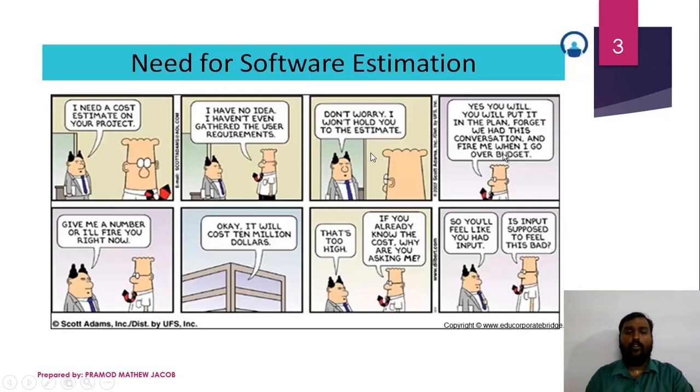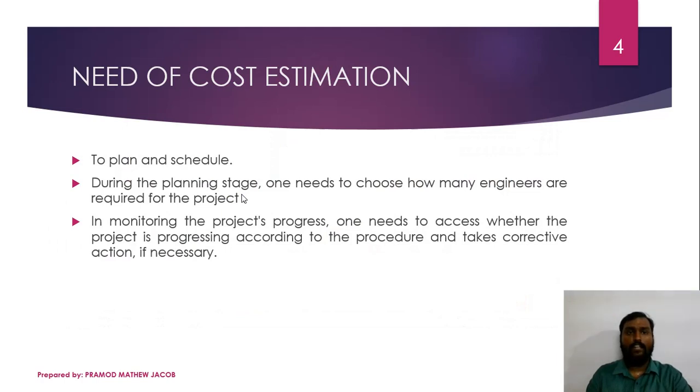And the fourth problem is, if the system analyst is ready to give a rough estimate, then definitely the project manager will argue with them by saying that it is too high, you didn't consider the economic possibilities, all those things. Based on these things, there should be a standard possible manner to estimate the cost of a software project.